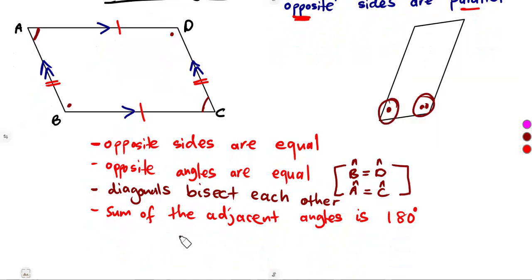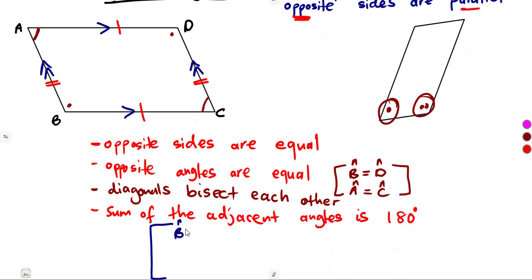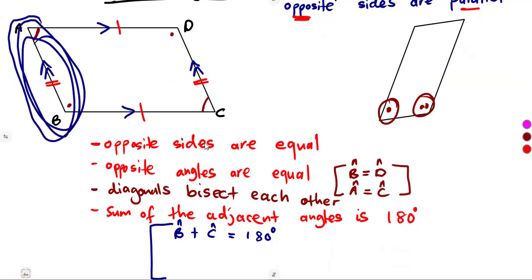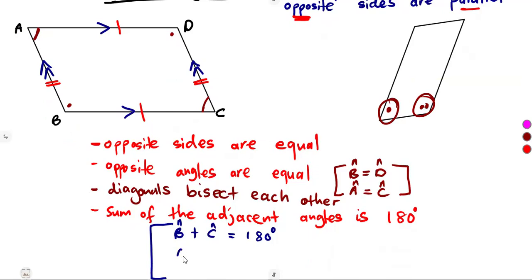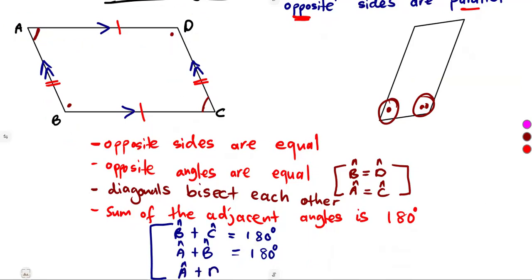From this, which examples are we talking about? B and C, they are adjacent to each other. So if I add angle B plus angle C, I must get 180 degrees. Angle A and B are adjacent to each other, so angle A plus angle B is equal to 180 degrees. Angle A and D are adjacent, so angle A plus angle D is equal to 180 degrees.